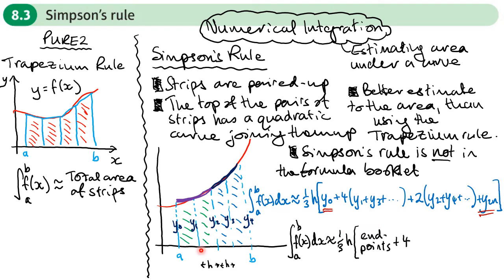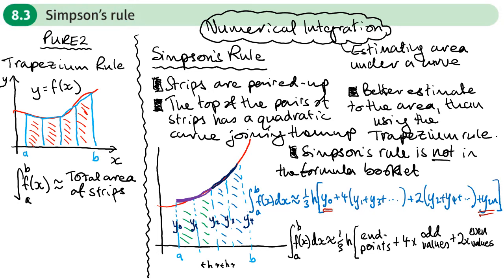That's what I'm going to call the odd values. So the y value here, the y value here. So 4 times the odd values, plus 2 times the even values.